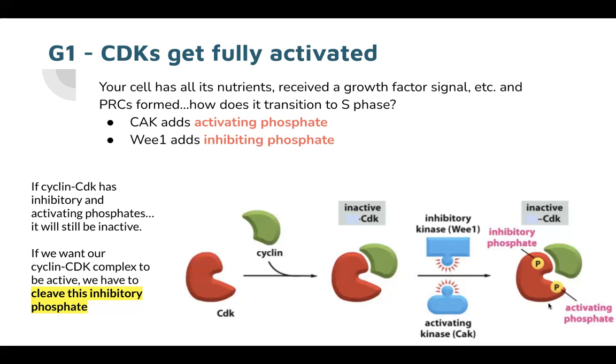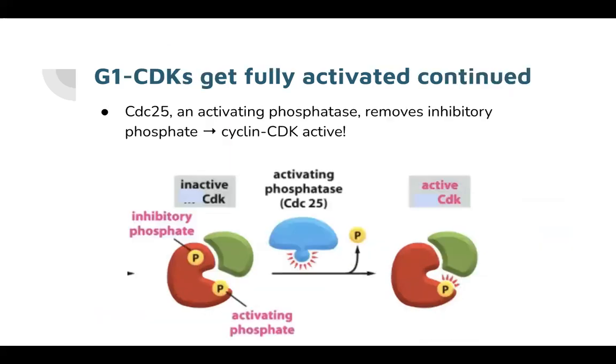But as long as the inhibitory phosphate is still on CDK, CDK will not be active. So basically, if we want a cyclin CDK complex to be active, we have to cleave the inhibitory phosphate. And we do that with CDC25. So CDC25 is an activating phosphatase. Phosphatase means that it takes off a phosphate. Activating means that it causes CDK to be active.